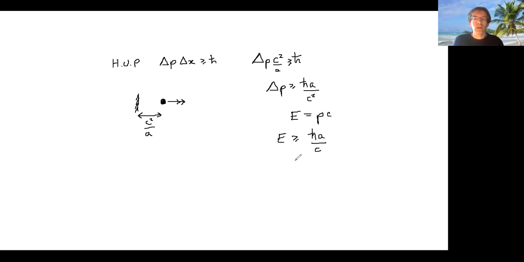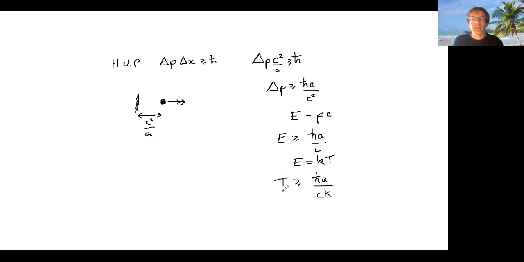And also because Unruh radiation is radiation and is thermalized, we can say that the energy is equal to Boltzmann's constant times the temperature. And therefore, you can write that T has got to be greater than or equal to h bar a over c k.